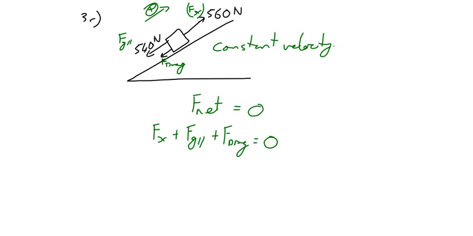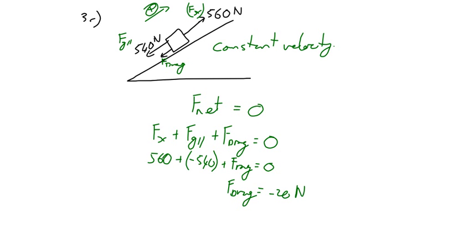Fx is 560, plus, this is in the opposite direction, 540, it's negative, plus my F drag. I know you can see the answer directly, but do the calculation. And that is negative 20 Newton. So you got it, it's 20 Newton in the opposite direction.